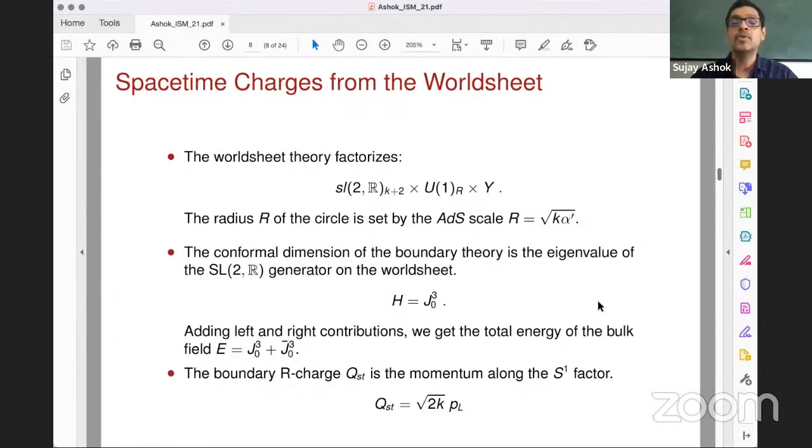These map to the following eigenvalues of the worldsheet theory. The J0^3 eigenvalue of the SL(2,R) maps to the conformal dimension of the boundary theory. And left-moving or right-moving momentum along the S1 maps to the spacetime R charge. So what we need to do is to classify operators based on these charges and equate h and q.